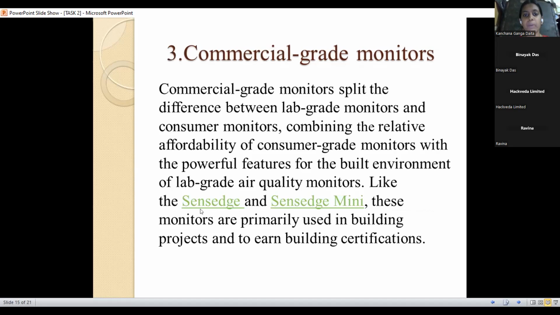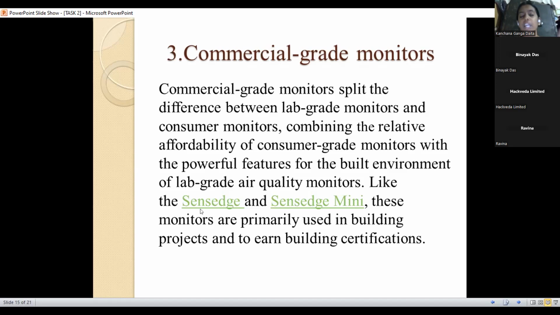And commercial grade monitors are in between lab grade and consumer grade. They combine the affordability of consumer grade with the powerful features of lab grade. We already discussed that lab grade monitors are very high class, with many features, and are used by officials.